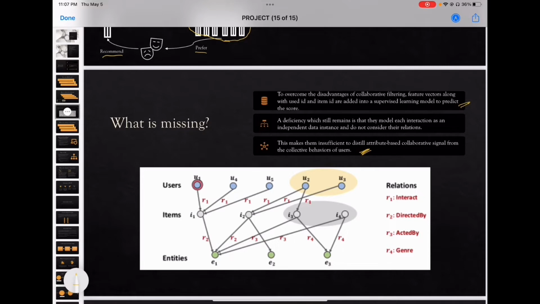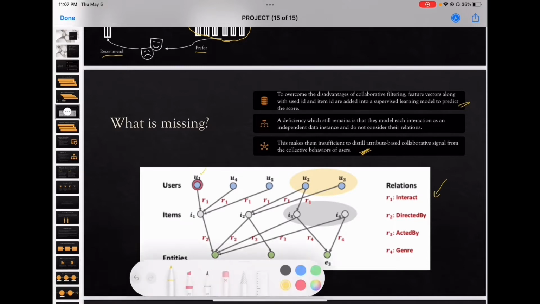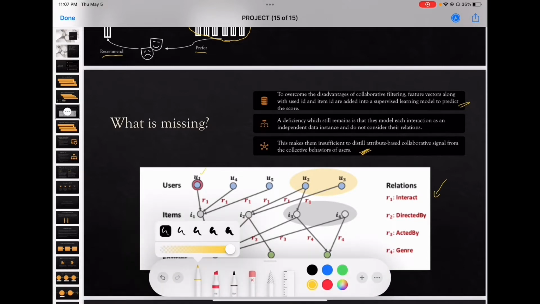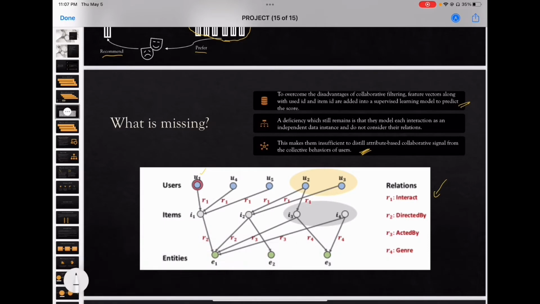For example, take this figure here, which is a collaborative knowledge graph. U1 is the target user to whom we have to provide recommendations.